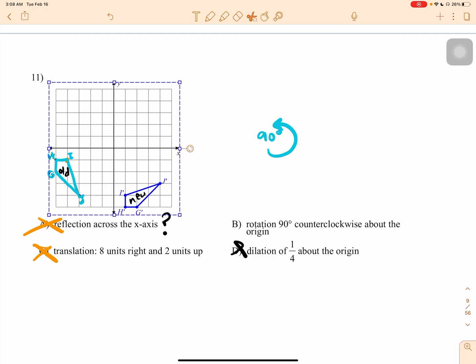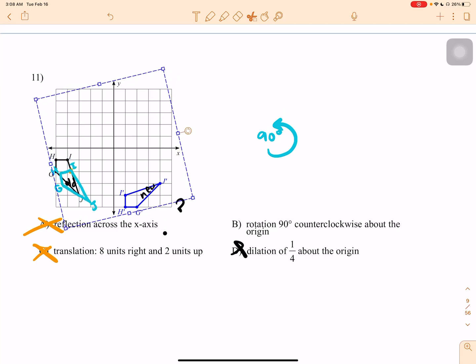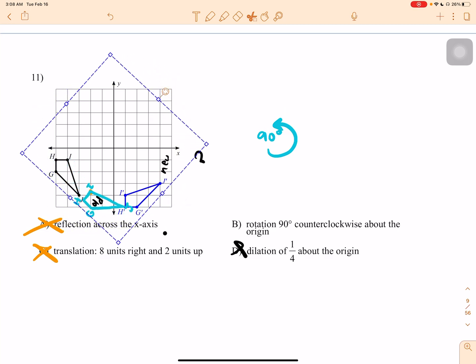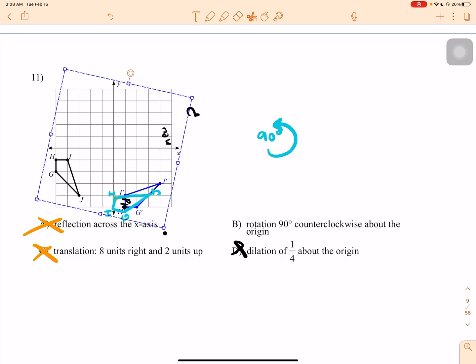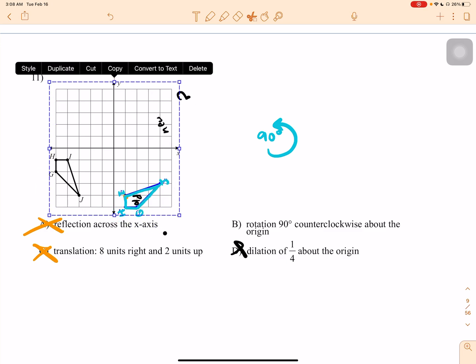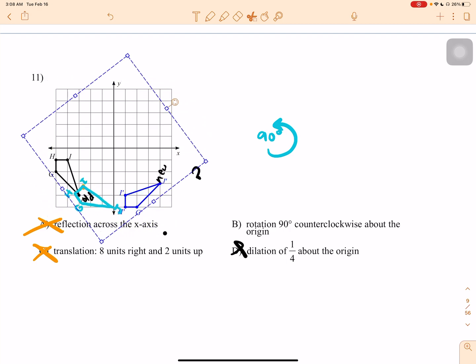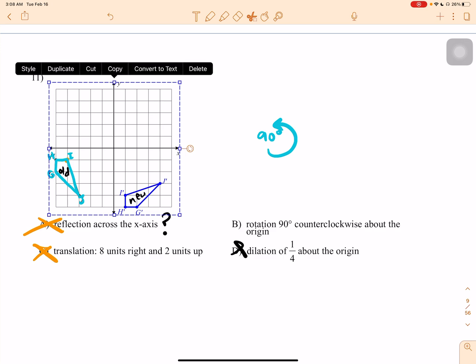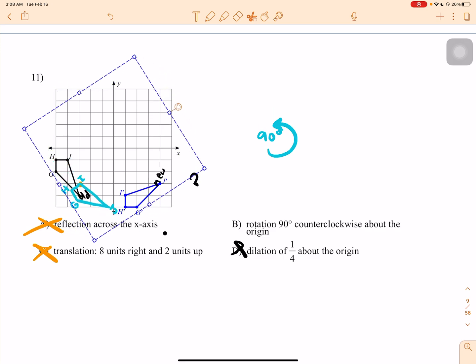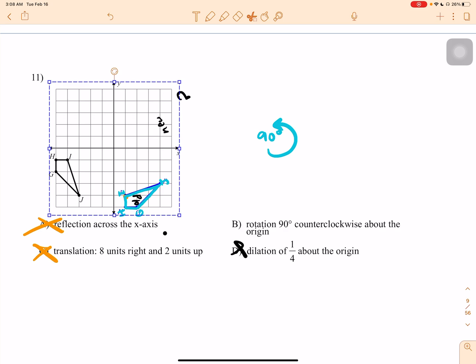All right, so 90 degrees, I have to go one full turn to the left there. This is definitely rotation 90 degrees counterclockwise about the origin. I made my square a lot bigger because this would help me rotate about the actual origin instead of just rotating about the shape itself, right? Hopefully this helps you see how a rotation would go.